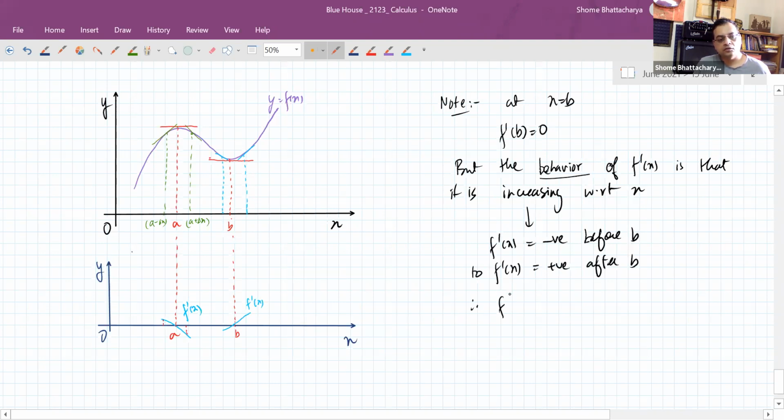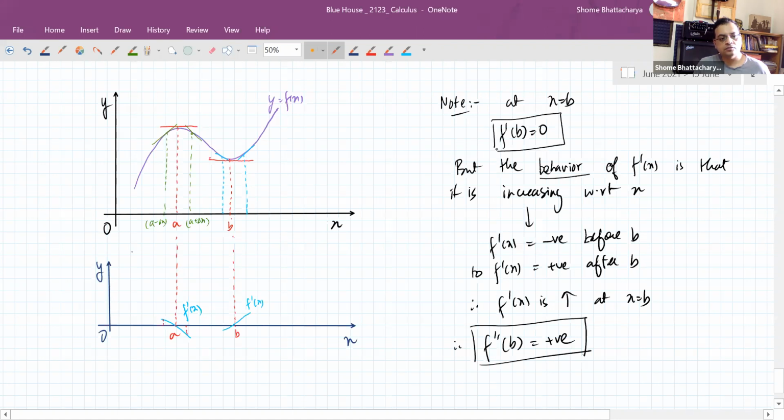So therefore, f prime x is increasing at x equal to b. So that means the derivative of this should become positive. So the second derivative is positive at b, whereas the derivative is 0. And of course, f x has a local minimum at x equal to b.